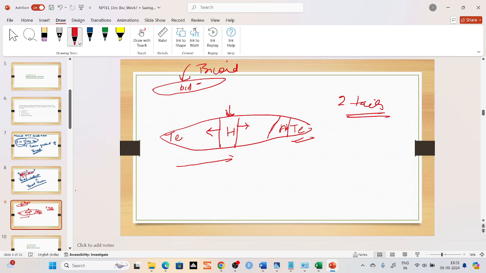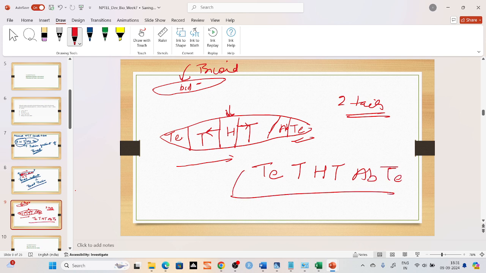So you will have thorax here and you will have a thorax here. So your final phenotype would be telson, thorax, head, thorax, abdomen and telson. This would be the final phenotype. Let us see if this is the answer.